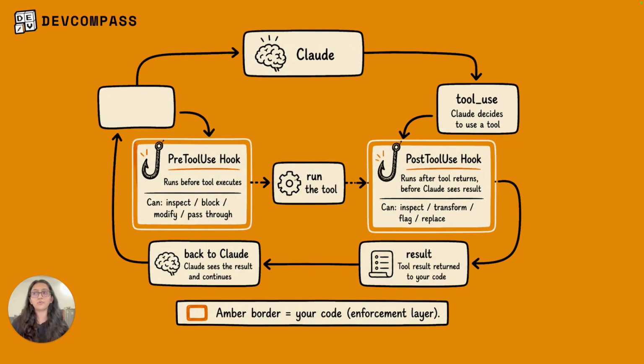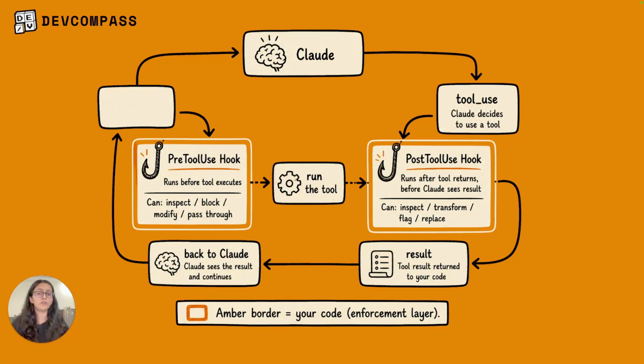The first hook is PreToolUse, which attaches right before the tool runs. See that amber box flying in on the left? That's your code. As I mentioned in the previous video, this is our visual representation to tell you that this is not about Claude. If you see an amber border anywhere, that's your code.